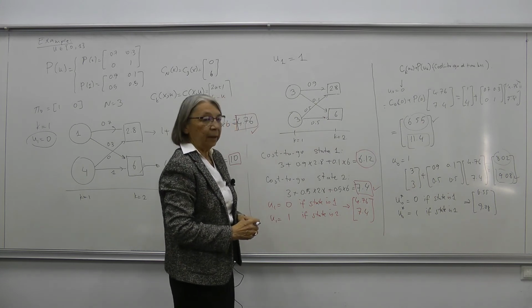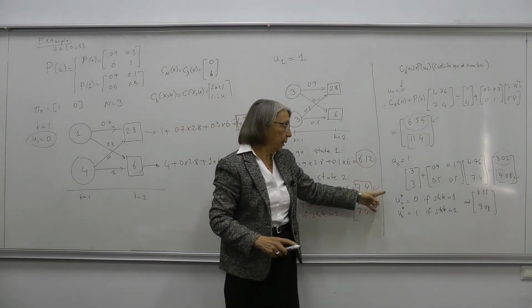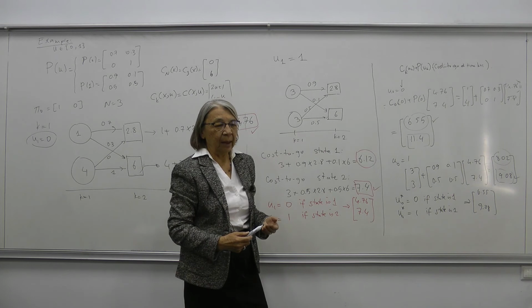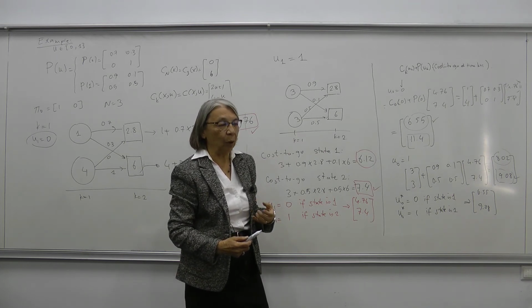Now, these are the decisions. We have obtained the input U as a function of the state, as a function of the final state, so that corresponds to a Markov policy.